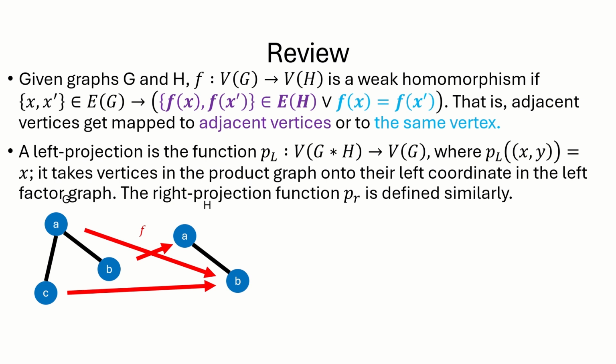Basically, the left projection sends vertices in the product to their left coordinate, and the right projection sends vertices in the product to their right coordinate.